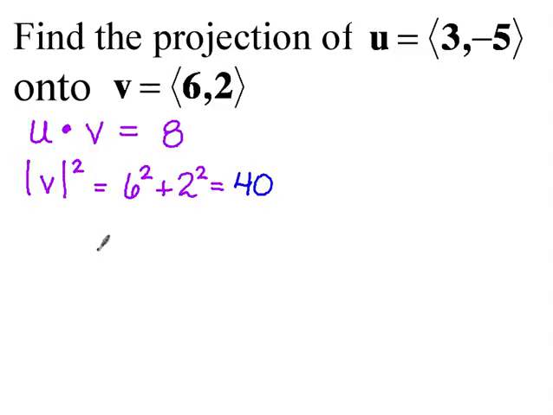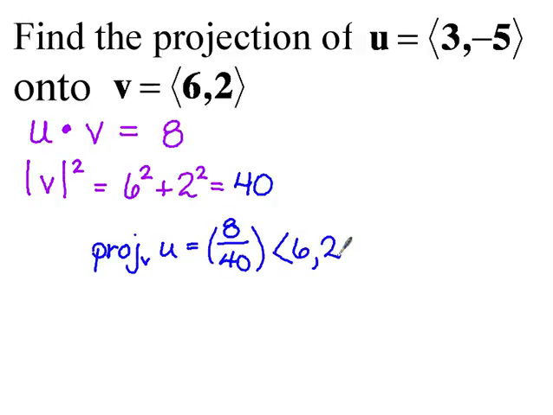So now the projection of U onto V will be as follows. I'm going to have 8 over 40, and then I'm going to take that times vector V, which is 6, 2.